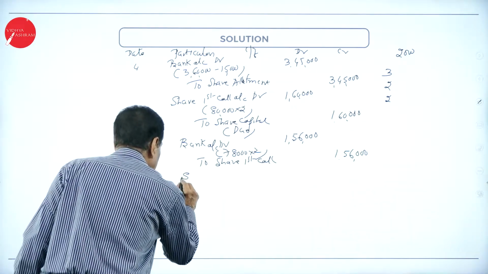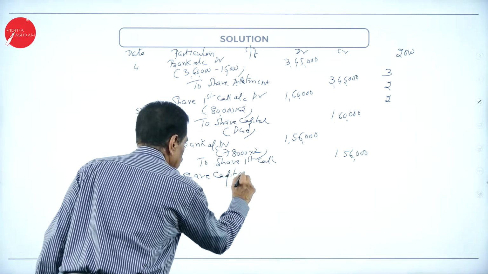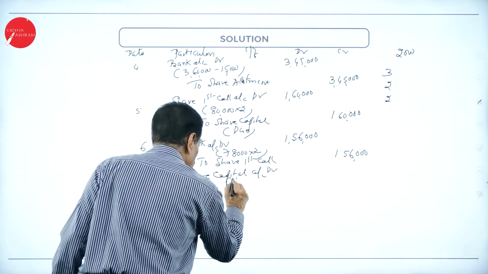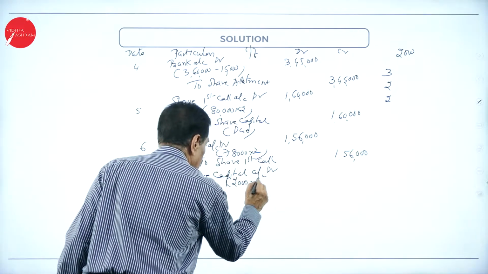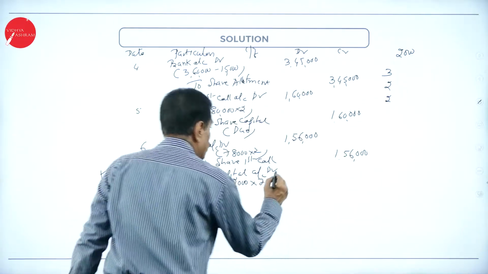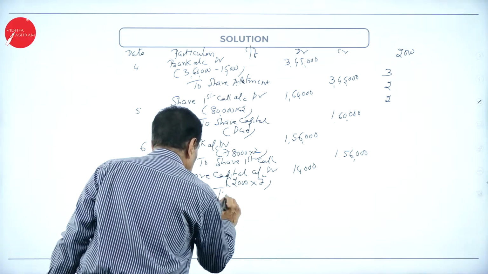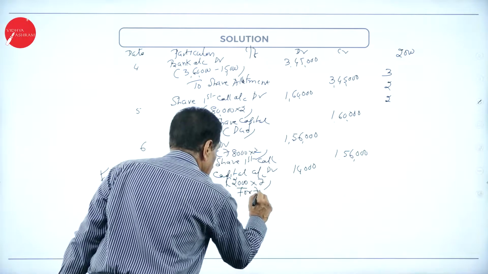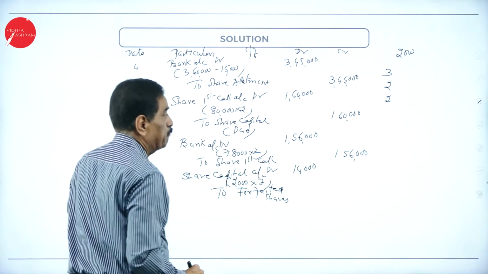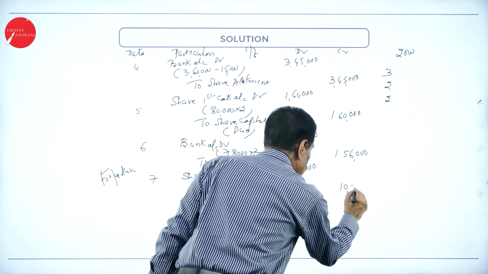Share capital account debit, on how many shares? 2,000 shares at rupees 7, 3 plus 2 plus 2 is 7, 14,000, to forfeited share. How much already paid? He paid application, he paid allotment, 2,000 into 5, 10,000.